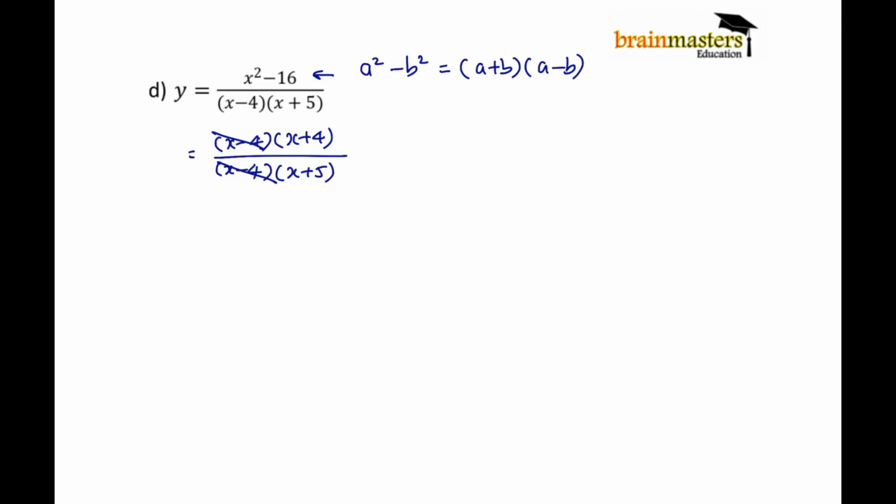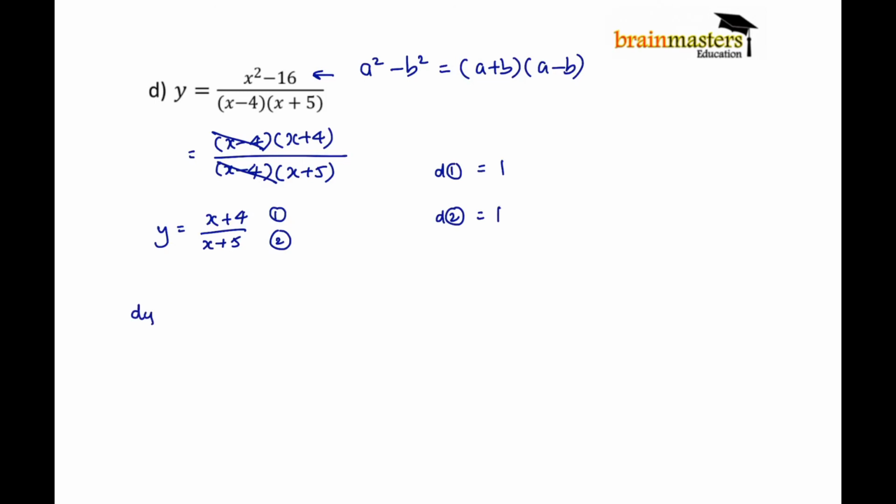My question has been simplified to just x plus 4 over x plus 5. So this will be my 1 and 2. So let's give some space. D1, differentiate the first one, is 1. Then D2 is also 1.